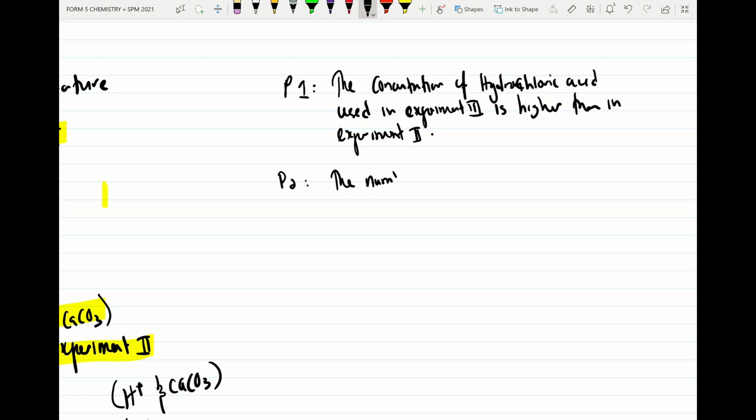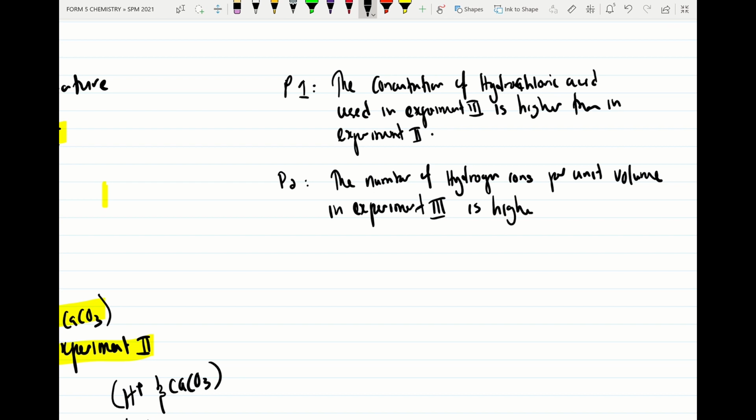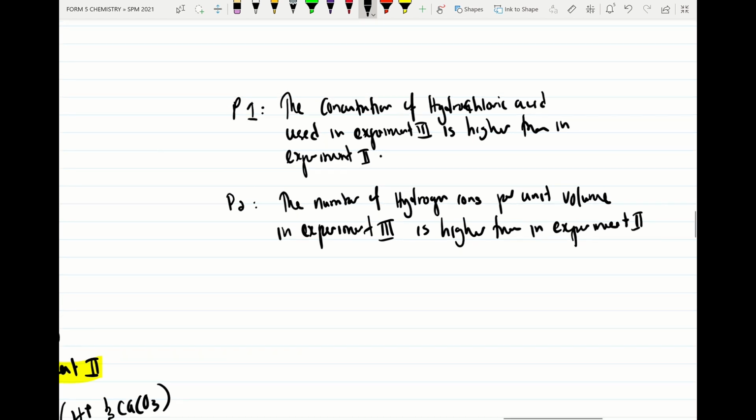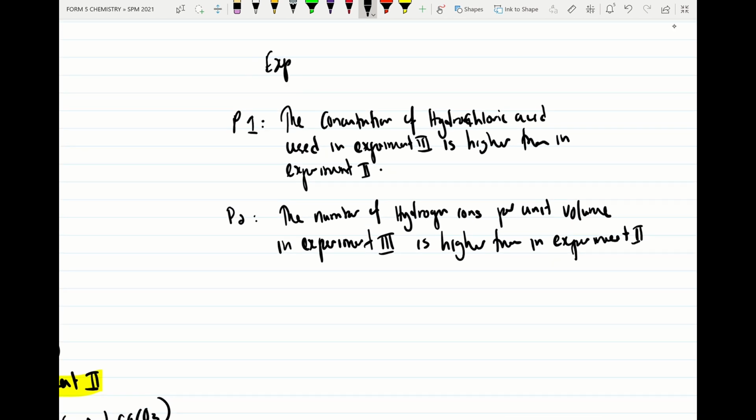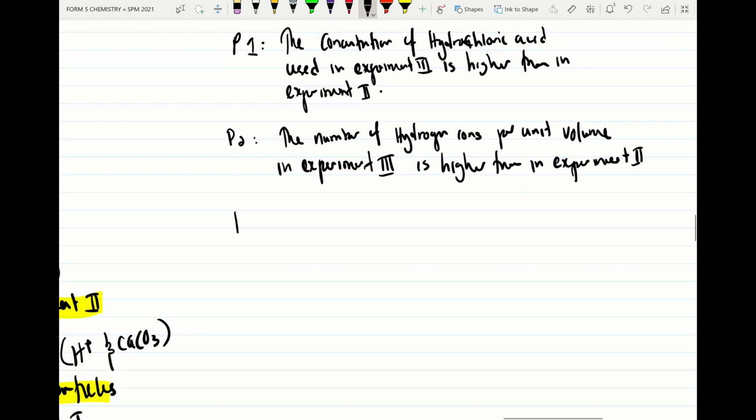The number of hydrogen ions per unit volume in experiment 3 is higher than in experiment 2. All right, so this is the rate of reaction between experiment 2 and experiment 3. Please remember.